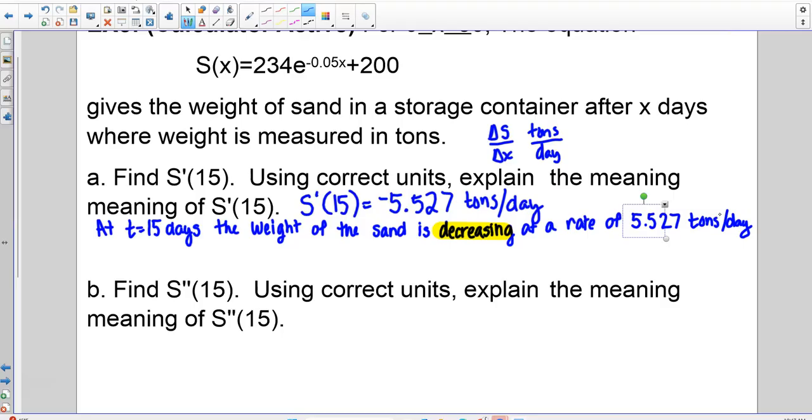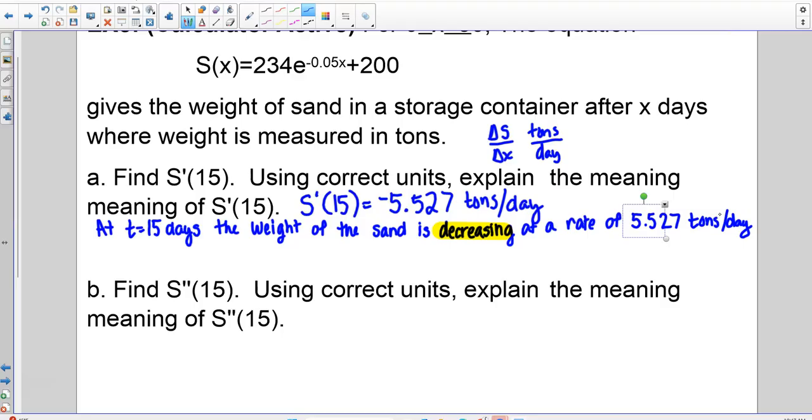Can you say changing at a rate of negative? You can. I think it's much more clear to say decreasing at the positive rate, but you can get by with changing at the negative rate. So you can say the weight of the sand is changing at a rate of negative 5.527.